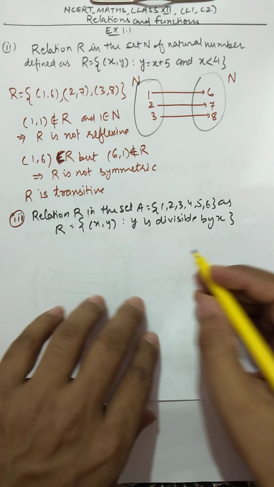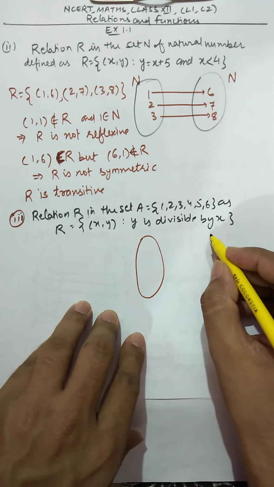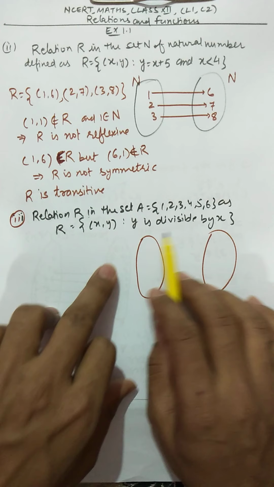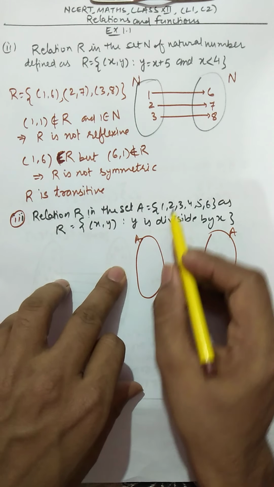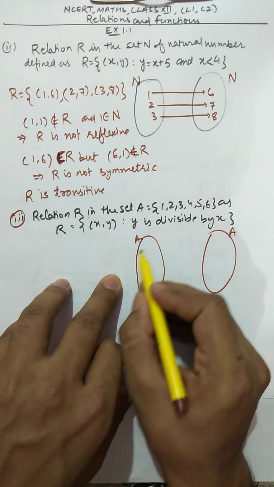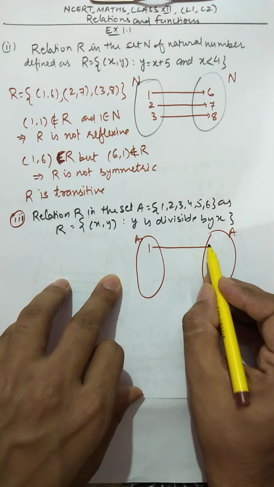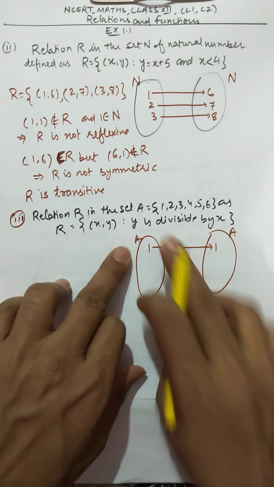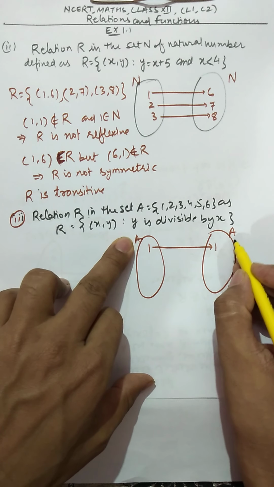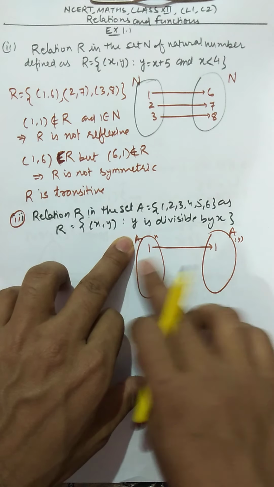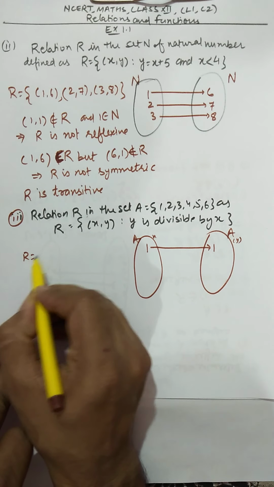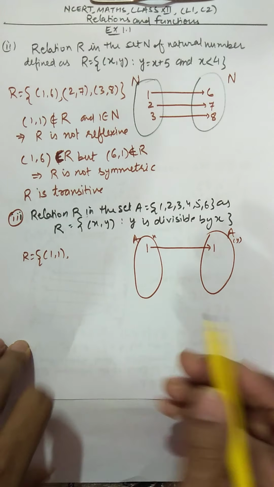Now consider this third part. We'll draw the arrow diagram. This is from A to A. Now I have to see, if I take 1 here, then this is for y and this is for x. So 1 is divisible by 1, it means we can have one relation in R as (1, 1).